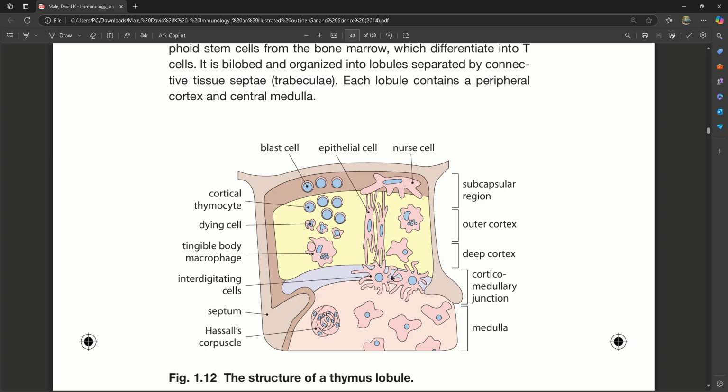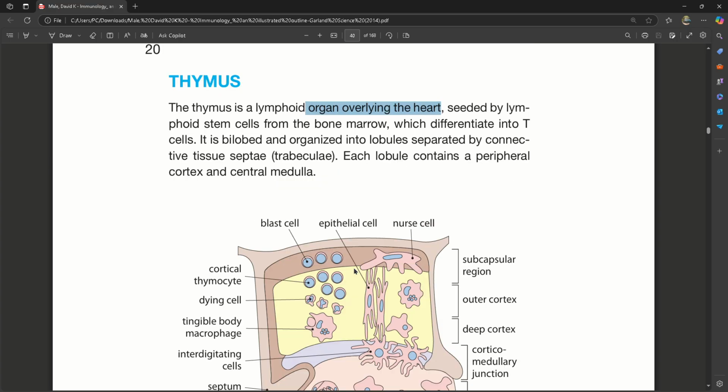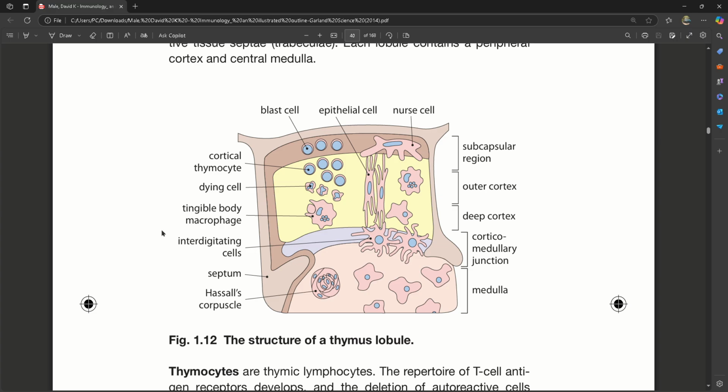So these are very important for the functions of the thymus, because the thymus is for the maturation of T cells. T cells should be educated so that they know what is self and what is non-self.